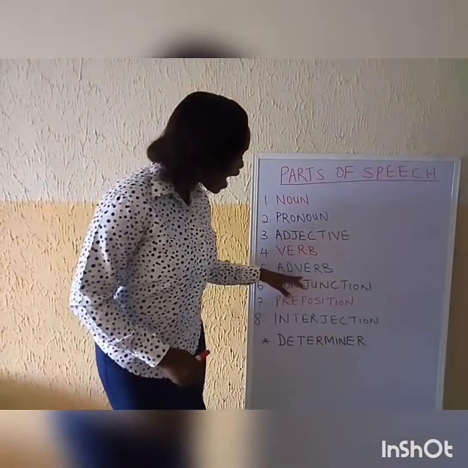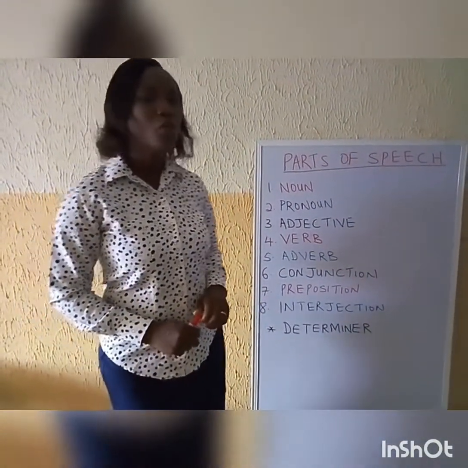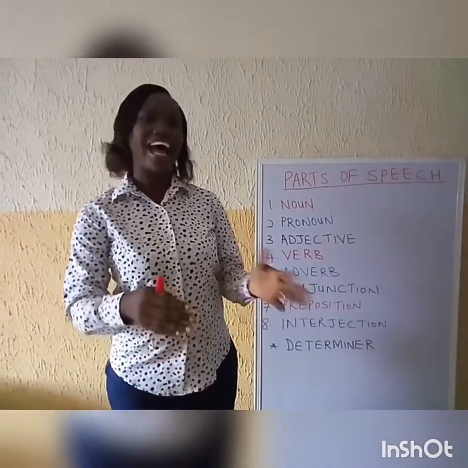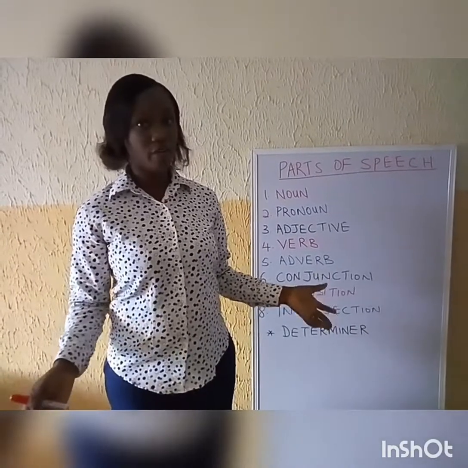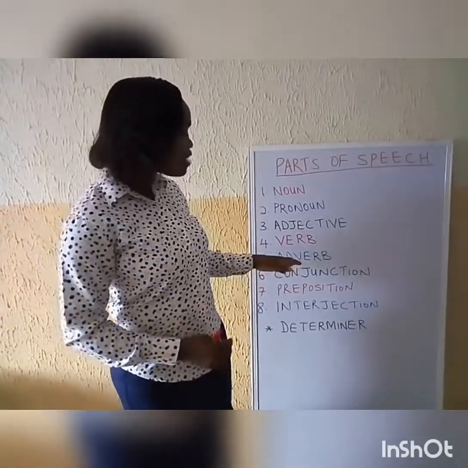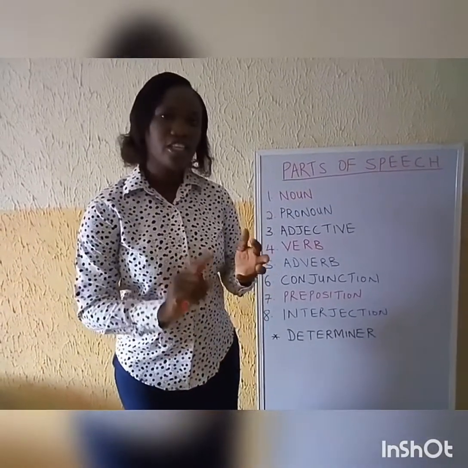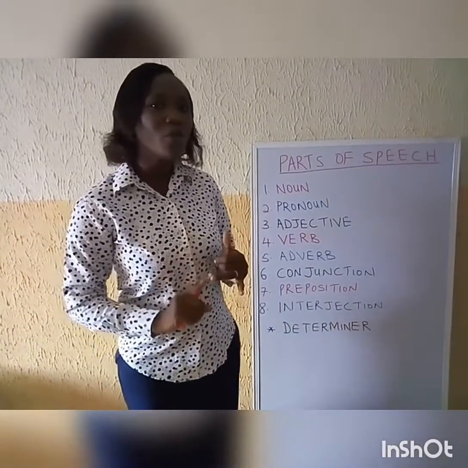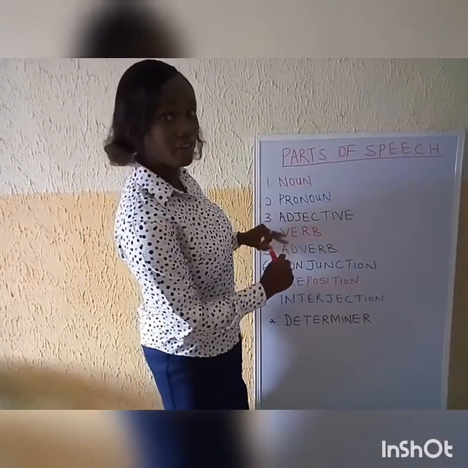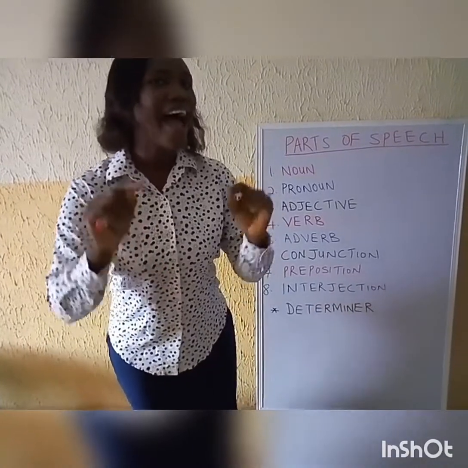And then we have adverb. Adverb is another part of speech. But do not be confused and just feel it is a word that describes a verb. No. Adverb describes three parts of speech. It describes an adjective. It can also be used to describe a verb. And it is also used to describe another adverb.